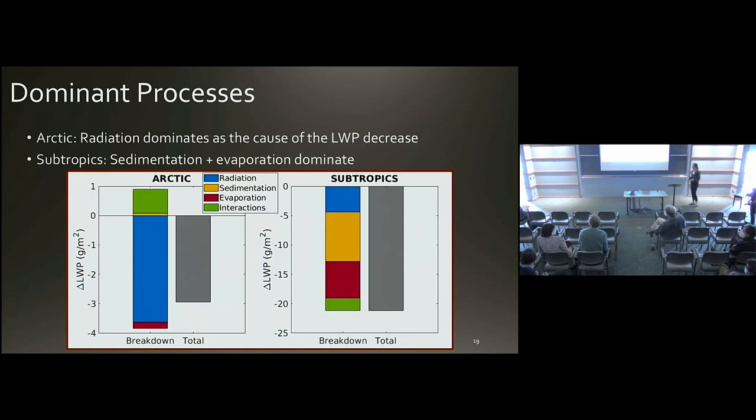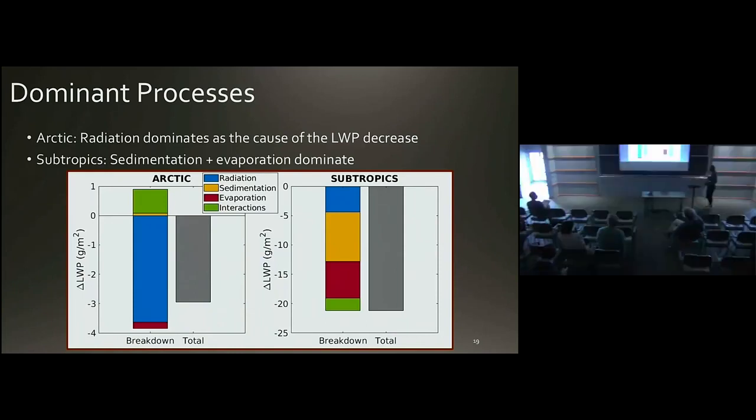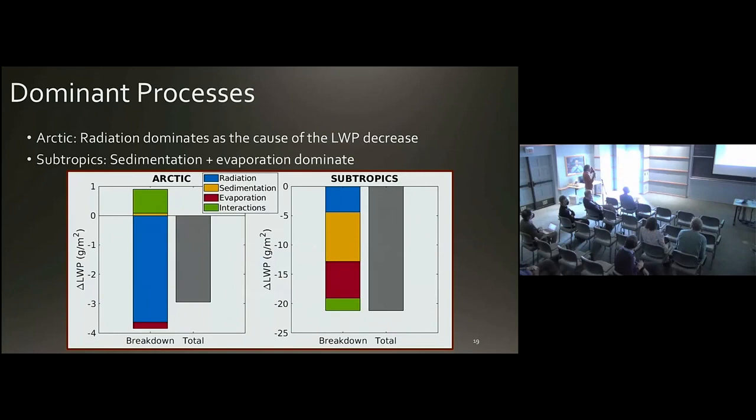Adele, your summary slide said the evaporation entrainment only seems to manifest in the subtropical case, I think. Yeah. And I was wondering whether that's at least in part because of the higher humidity above the inversion in the Arctic case. I think that can be a contributing factor.